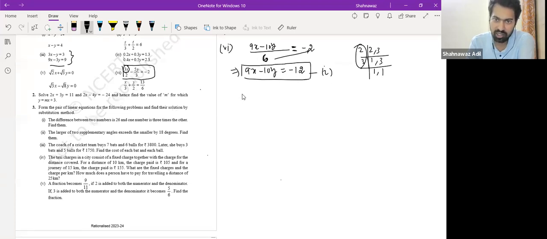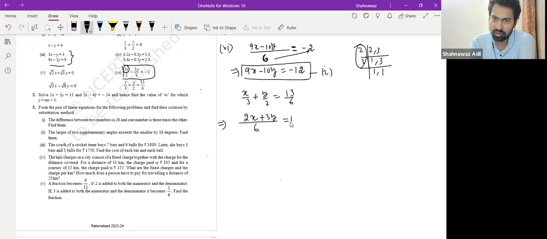And the second equation is x by 3 plus y by 2 equals 13 by 6. Again we take the LCM, so this gives 6. 3 divided into 6 is 2, so 2x. 2 divided into 6 is 3, so 3y.